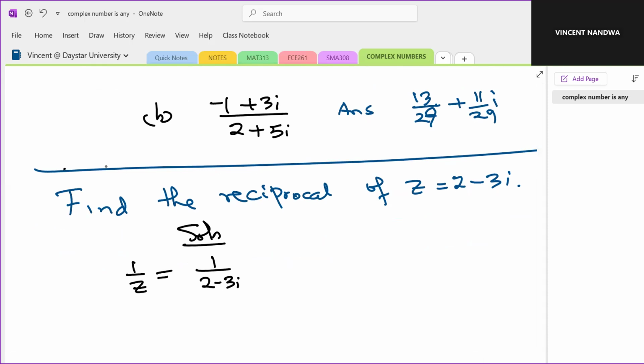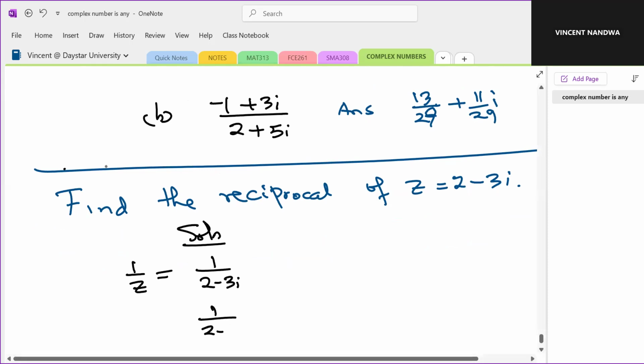So which will be now 1 over 2 minus 3i multiplied by its conjugate, 2 plus 3i over 2 plus 3i.